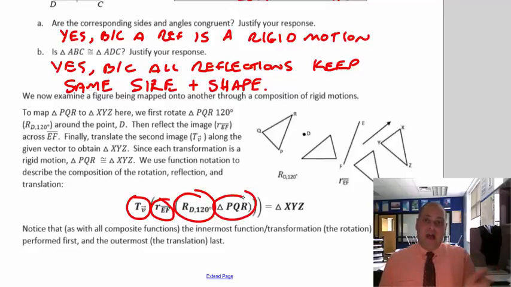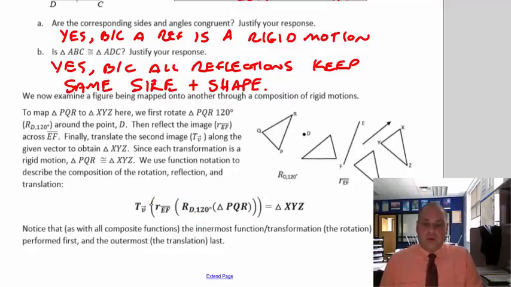And again, we did compositions, right? This is the exact same thing as, see the parentheses there? You could put the little o, T o R o, capital R, and then we would put triangle PQR.